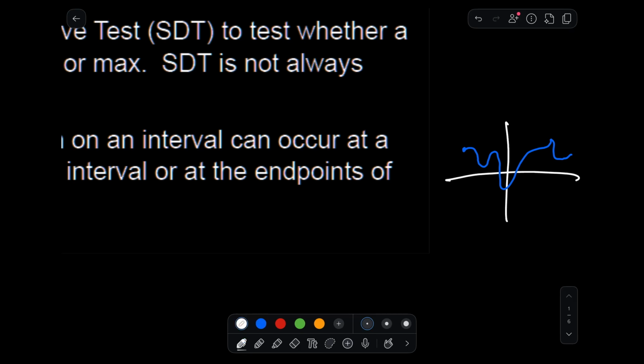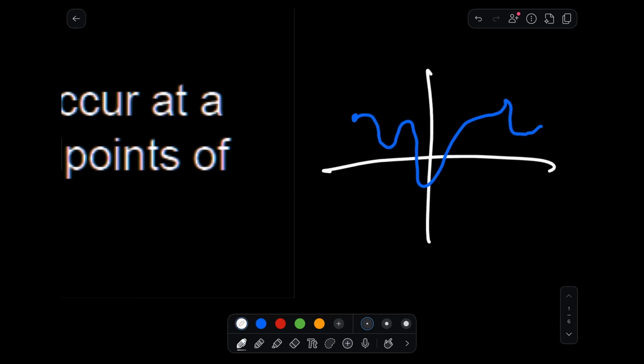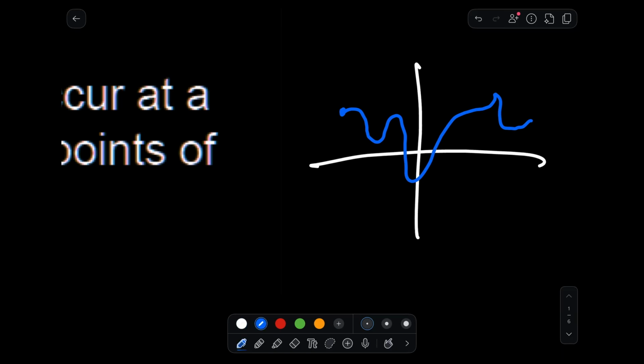Just by looking at this, we have to test points from within. We see that, let me write this in red, right here's global, local min, local max, local min, local max right here, local max, and then you test all these points to see, right?